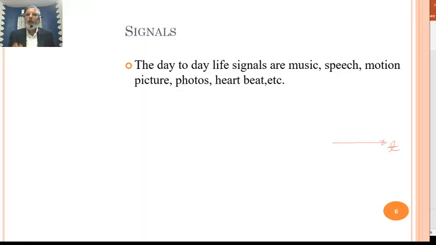And this speech signal is a sequence of sound, and the representation of the speech signal is like this. Here the air pressure is a function of time.